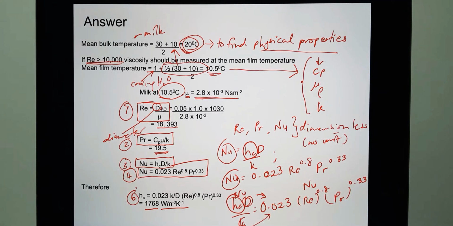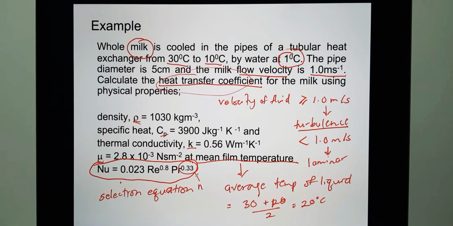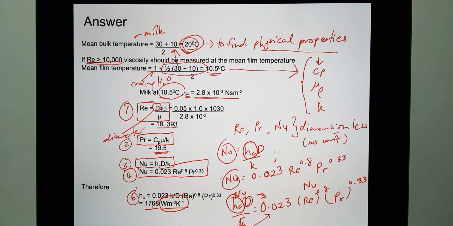This unit also is important for you to write down properly, because all the units have been given to you in this problem statement, so you need to know how to cancel out and where the unit will lie.